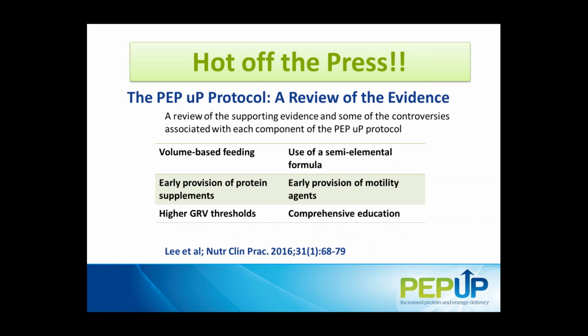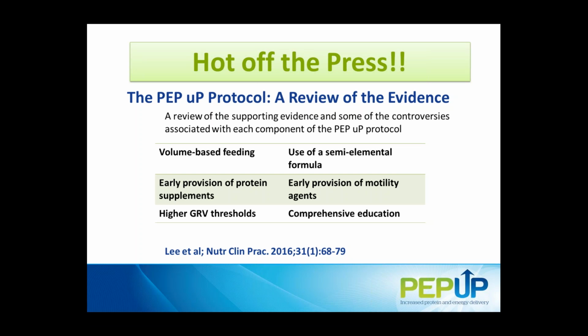And then this little gem of an article, which was just published, I believe in February's Nutrition in Clinical Practice. I really wish this had been around when I was going through the process of implementing PEP UP. It is a review of the supporting evidence and some of the controversies associated with each component of the PEP UP protocol.